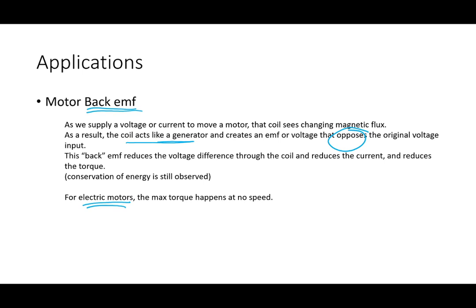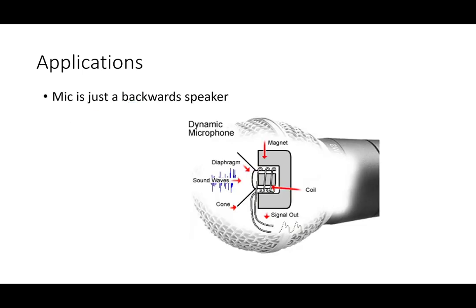When you're first starting up to accelerate, you have the highest torque to get the most acceleration out, right? So that's another useful idea to keep in mind when you deal with motors and back EMF.